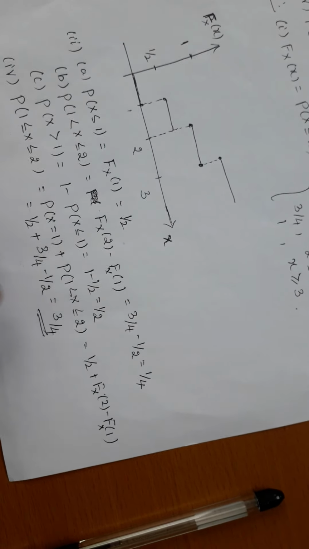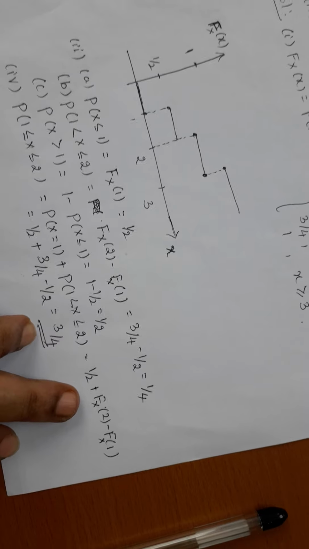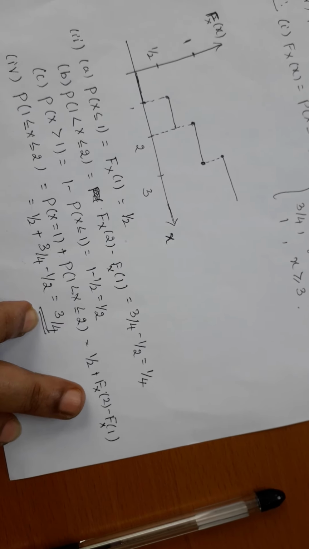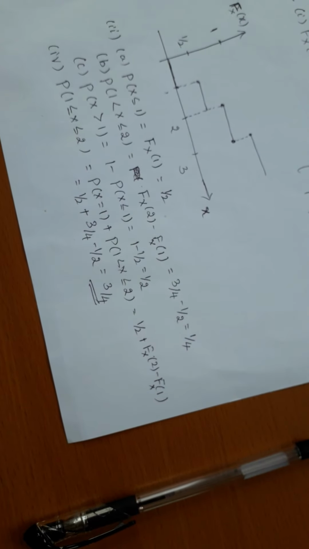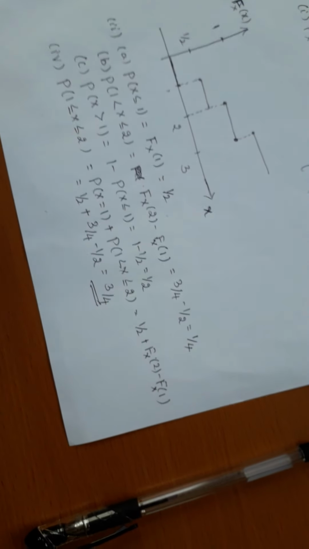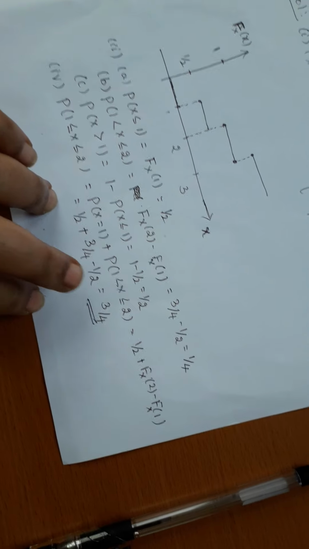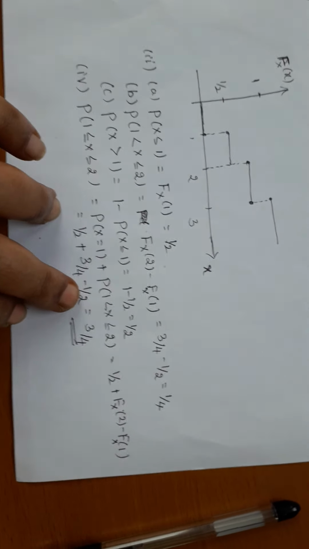Now what we get is 1 by 2 plus the value already calculated, 1 by 4, which gives 3 by 4. I think it is clear to everyone how we get this value. 1 by 2 plus 1 by 4 is nothing but 3 by 4.